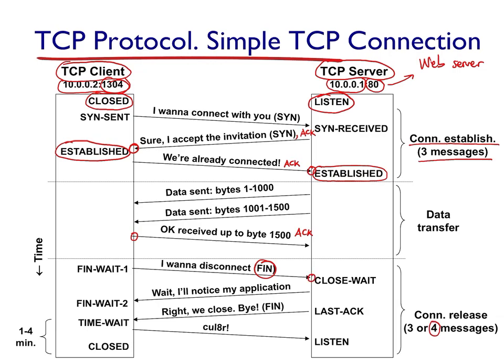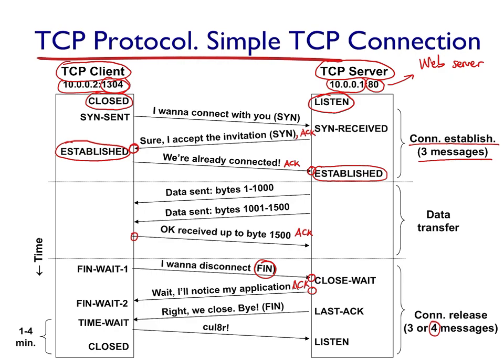Because after receiving the disconnection invitation, B, the TCP server, has to talk with their application. If it is a slow server, maybe the application doesn't want to disconnect at this moment, but he has to send a normal ACK. Wait, I'll notify my application.